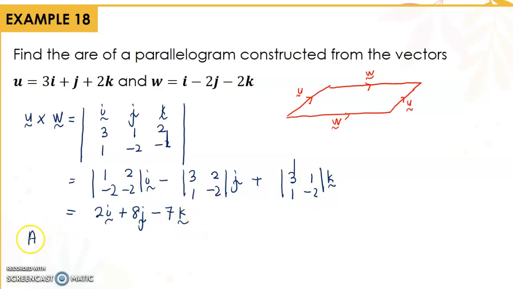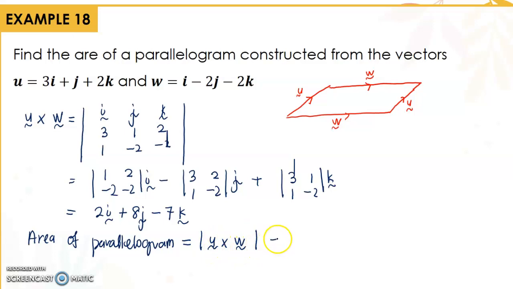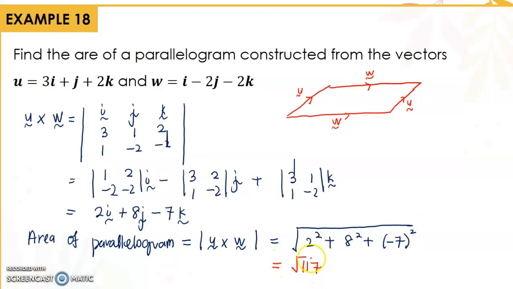So the area of the parallelogram equals the magnitude of u cross w. So we have the square root of 2 squared plus 8 squared plus negative 7 squared. Then our answer is the square root of 117, which equals 3 root 13.